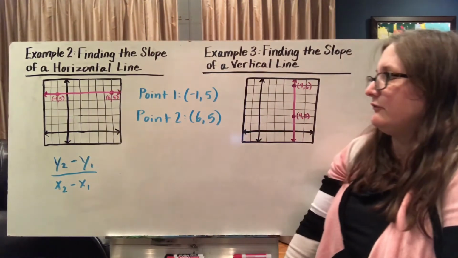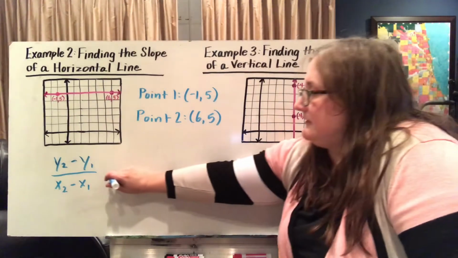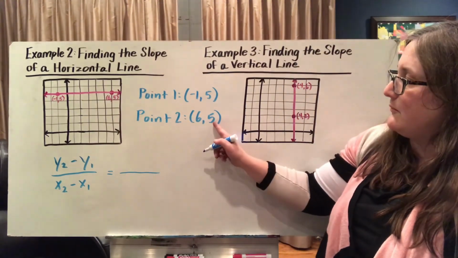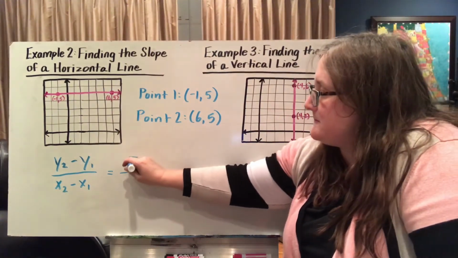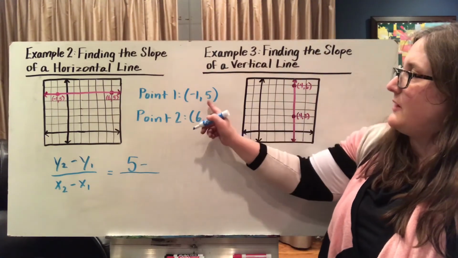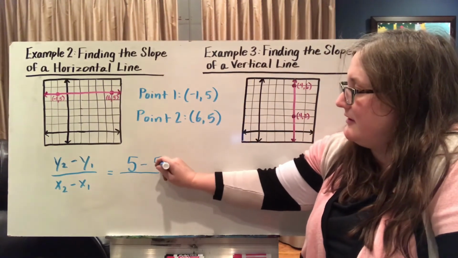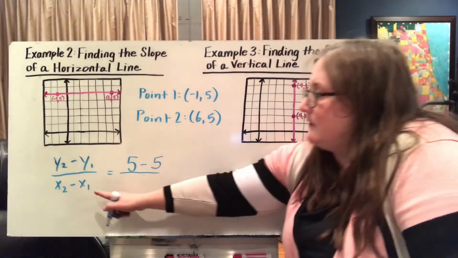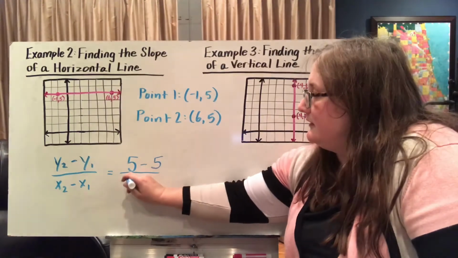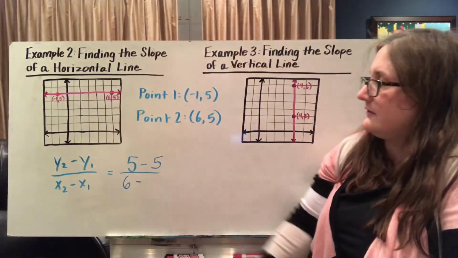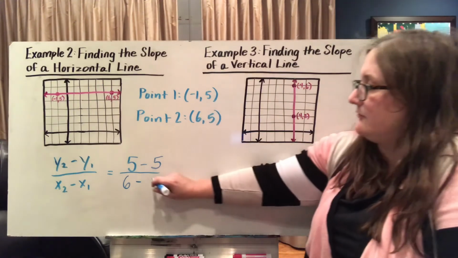So if I'm using this formula, I have to take the y value from point 2, so here's point 2, my y value is 5, and subtract the y value from point 1. Point 1's y value is also 5. On the bottom, I'm going to take the x value from point 2, x2 is 6, and then subtract the x value from point 1, which is -1.